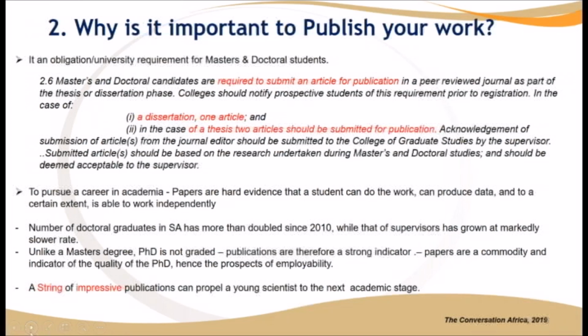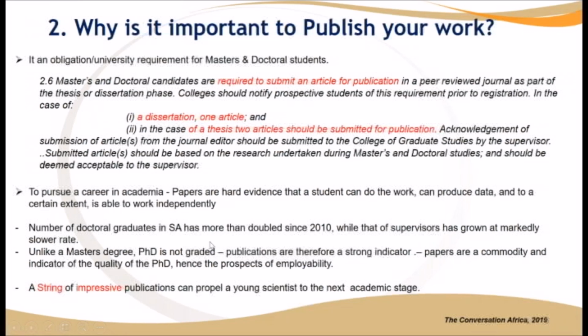So they are a commodity and an indicator of the quality of the PhD or master's, hence the prospect of employability. So if we look at your PhD certificates and we look at your publications, those 2 things together are assessed, and they are an indicator. Papers become an indicator of what kind of PhD it was. So the quality is indirectly shared through the quality of your research papers published.